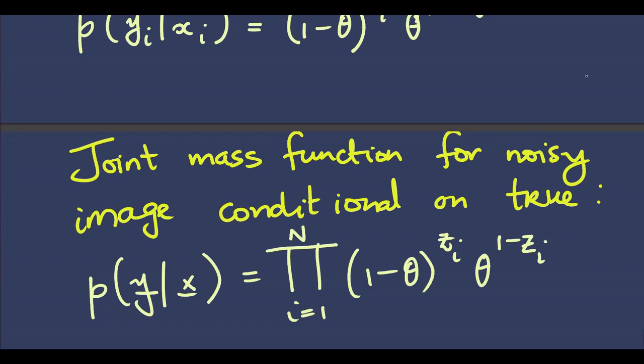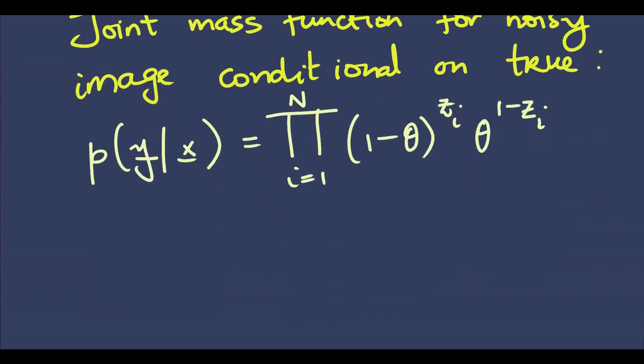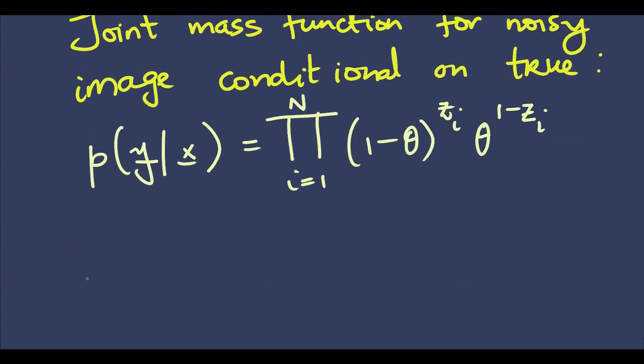Now, what we really want is the conditional distribution of the true image given the noisy image, and the other information that we have about the noise generating process, which is actually essential to know.